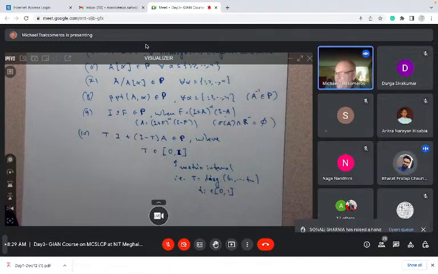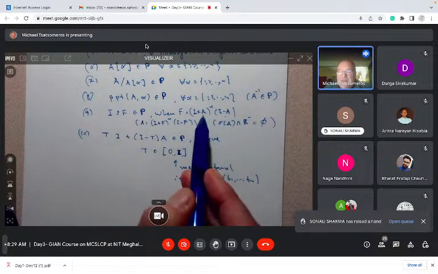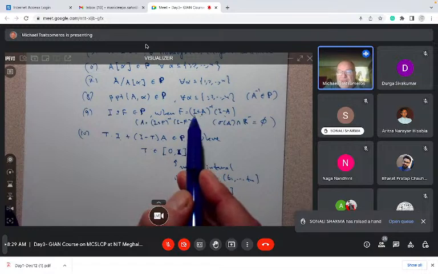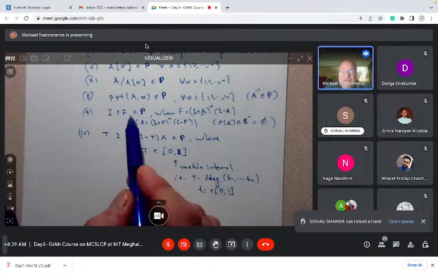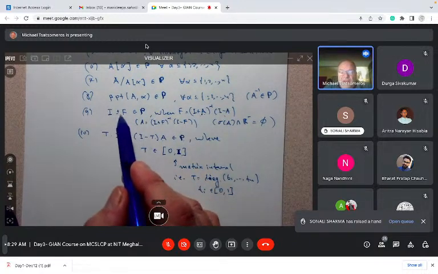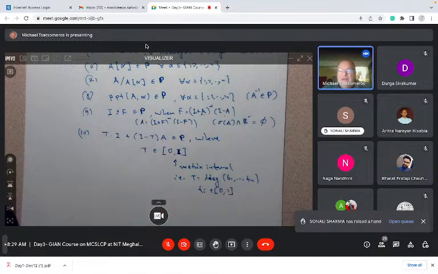So a P matrix A cannot have a negative eigenvalue, so therefore I plus A is invertible. So this F is well defined. It's called the Cayley transform. And I'm saying if you add it to the identity or subtract it from the identity, you have a P matrix. Okay? Does this answer your question?